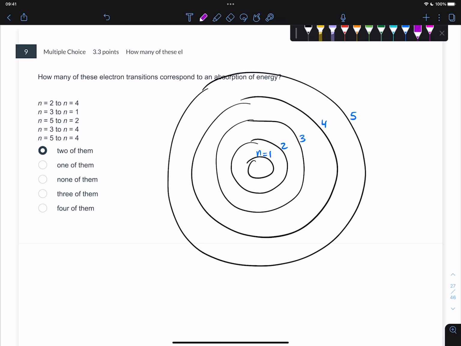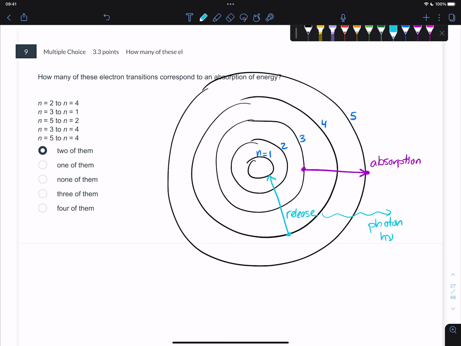Now, whenever an electron moves from a lower energy level up to a higher energy level, it's going to absorb energy. So this is going to be an absorption. Sometimes I can't spell that word. And whenever an electron falls in energy level, let's say it falls from 4 down to 1, that's going to be a release of energy. And of course, when an electron falls down and it releases energy, that energy is going to be released as a photon, by the way. So the photon is going to be released.